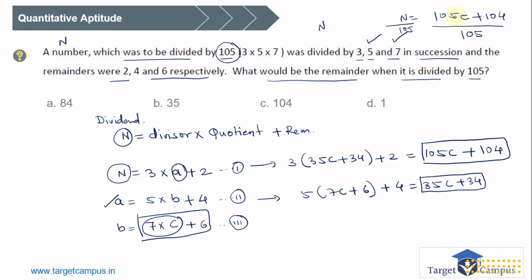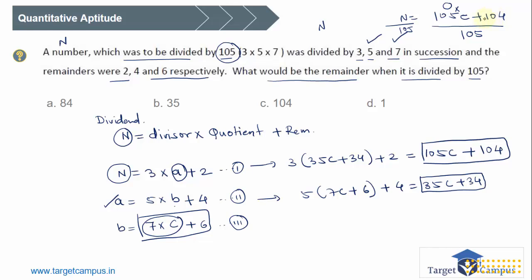When you divide the first term by 105, your remainder is 0, irrespective of whatever the value of c is. This particular term is completely divisible by 105, irrespective of the value of c. I hope you are understanding.